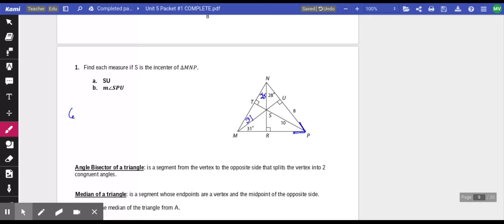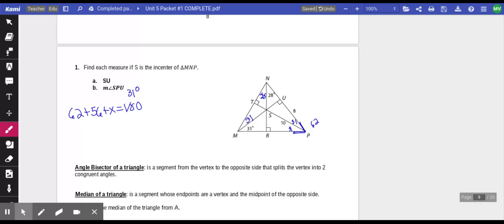So we have 62 plus 56 plus x equals 180 because the angles of a triangle always add up to be 180. So this large angle is 62, meaning that each part is 31. So the measure of SPU is 31 degrees.